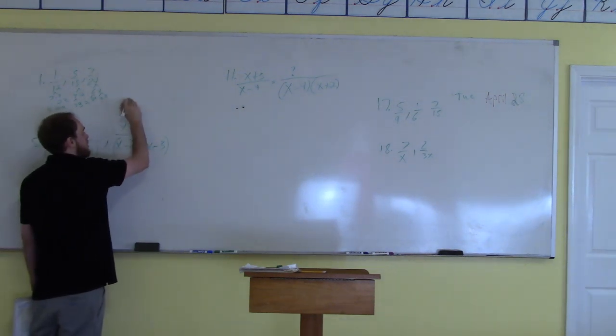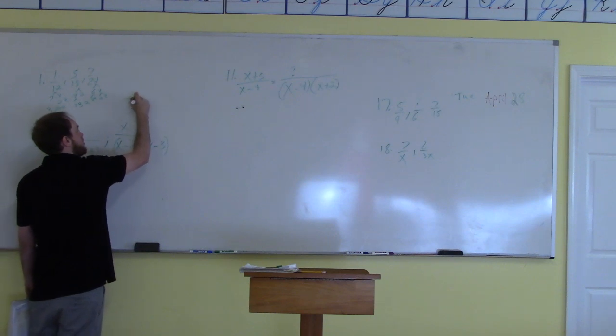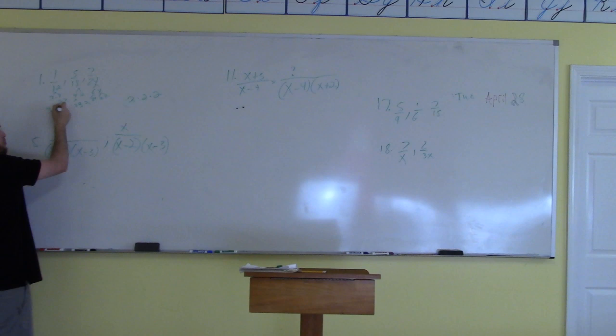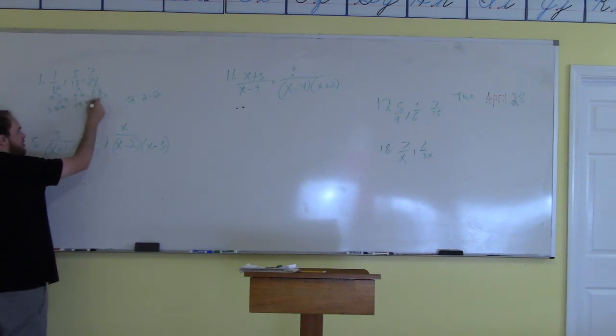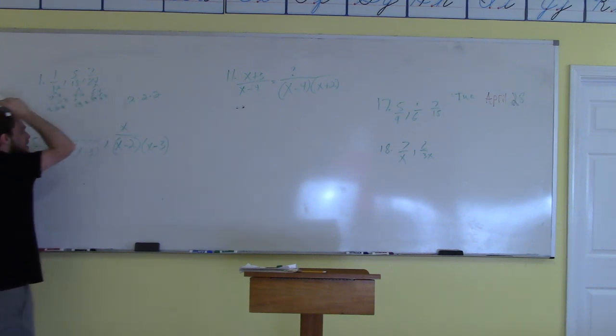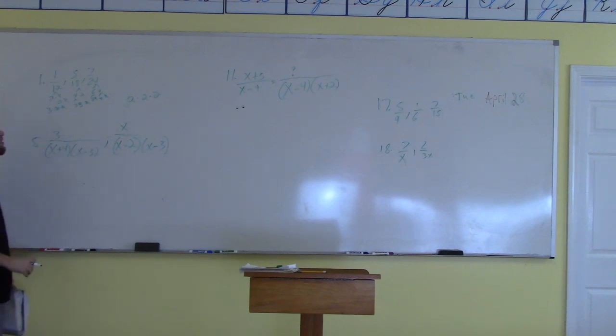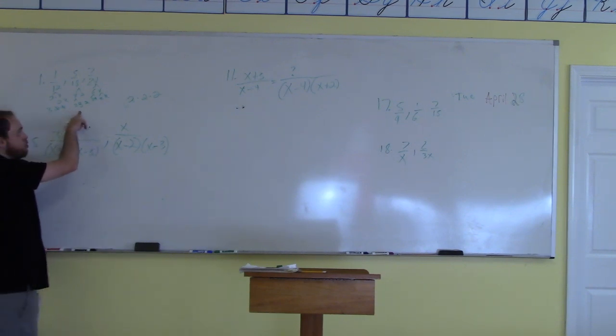So it'd be 2 times 2 times 2. I use 3 2s, and so I'm going to go ahead and use all of the 2s up, so that way I don't have to look at them. Now I have to use the 3s. Which one had the highest amount of 3s? Well, this one had 1, this one had 2, that one only had 1, and so I'm going to have to use 2 3s.